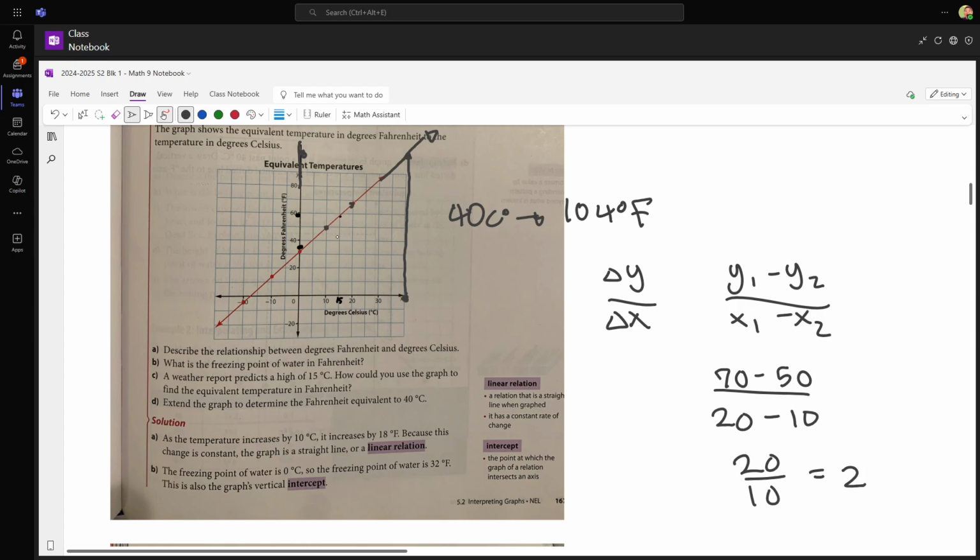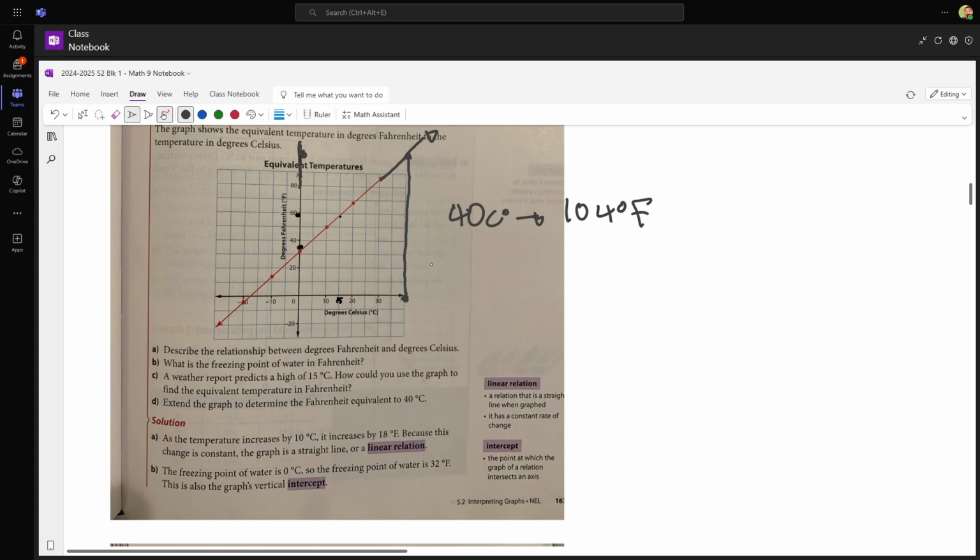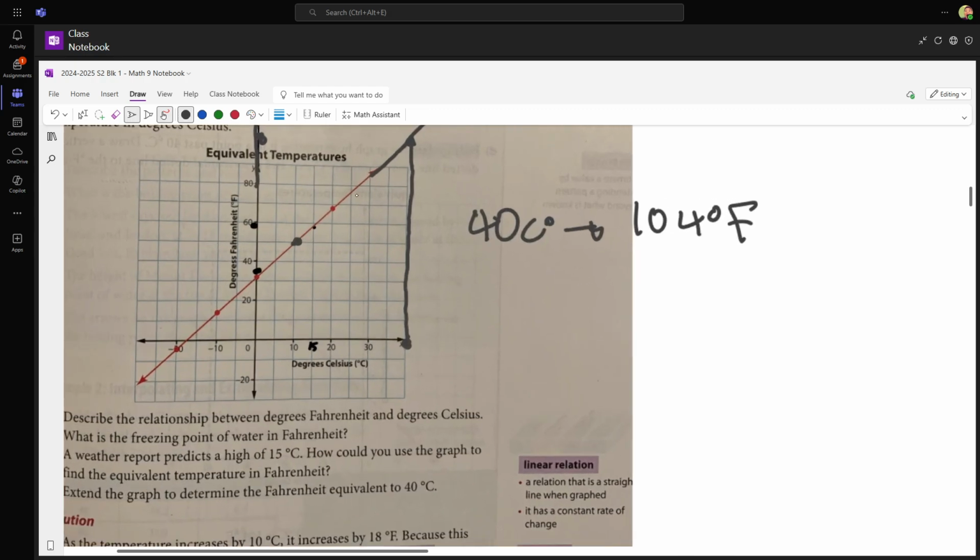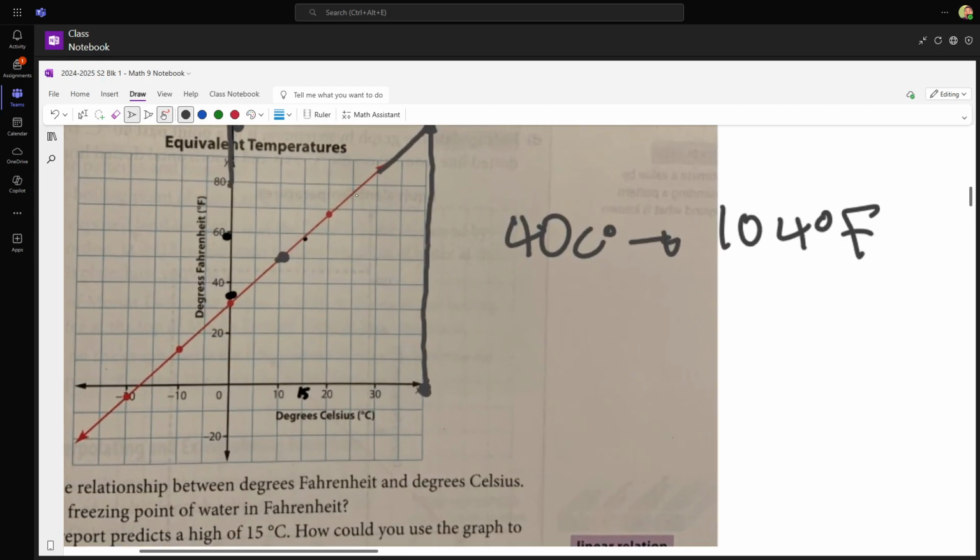So from this graph, as far as we could tell, if we just fudge the numbers a little bit, because you can see the points on the graph aren't exact, because this one's exactly on the dot, on the square right there. But if you look, this is not on the line right there.